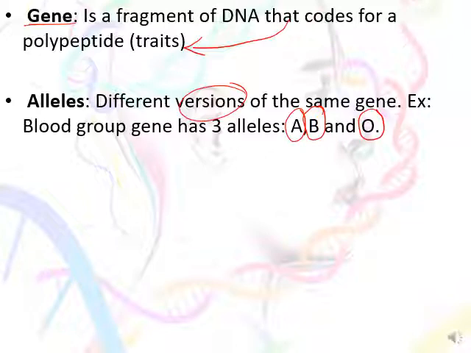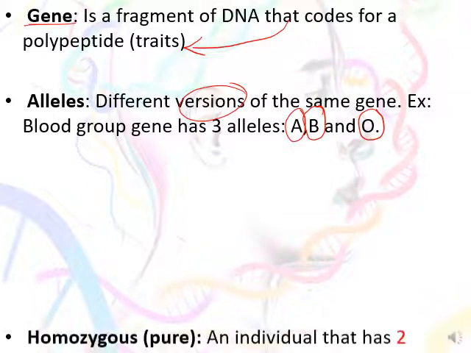For example, brown allele, black allele, hazel allele, blue allele, or green allele. So the alleles are different versions, or different models, of the same gene.